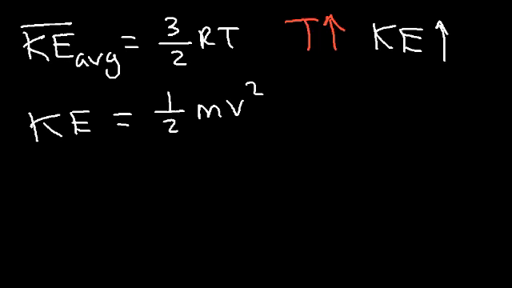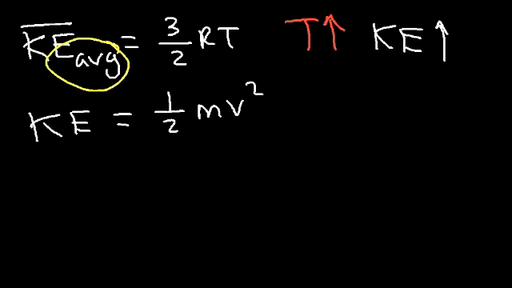If you double the speed, because it's squared, 2 squared is 4, the kinetic energy will quadruple. Because kinetic energy is proportional to mass, but it's directly proportional to the square of the velocity. So if you're looking at a single particle, then yes, the kinetic energy of that single particle is dependent on the mass and the speed. However, if you're looking at the average kinetic energy, it is not dependent on the mass and the speed. It's dependent only on temperature. So make sure you're aware of that difference.